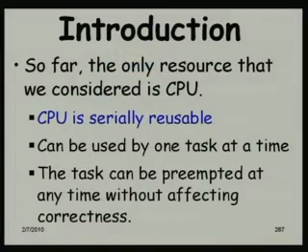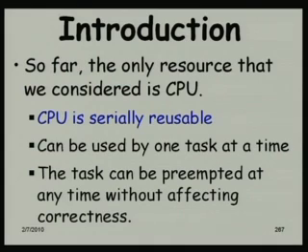So far we considered CPU as the only resource that is shared among tasks, and CPU is a serially reusable resource in the sense that it is used by only one task at a time, just like the other resources we will discuss, memory and devices. A CPU is also used by one task in a uniprocessor system, but the difference is that the tasks can be preempted at any time without affecting the correctness.